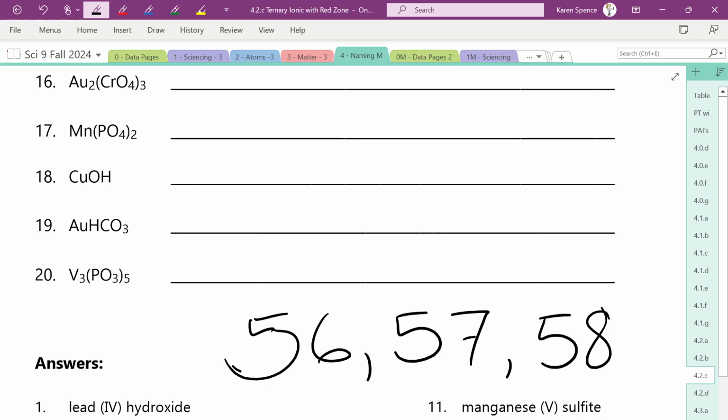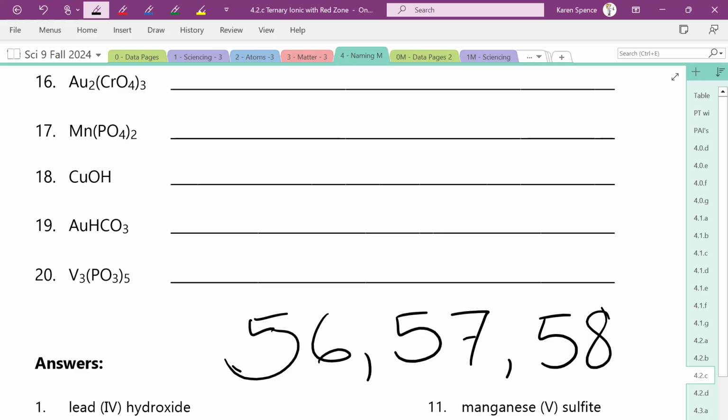That's correct. And same thing with calcium, not in the red zone. This one's correct, and this is correct, and this is correct. So you're finding your Roman numerals correctly, which is the tough part. And barium wasn't in the red zone, and you got that one right. So you got a 4 out of that 6.